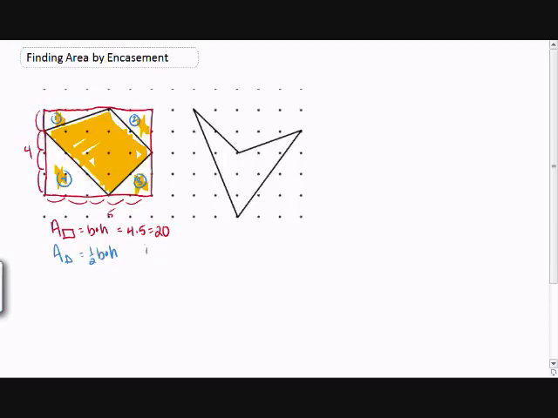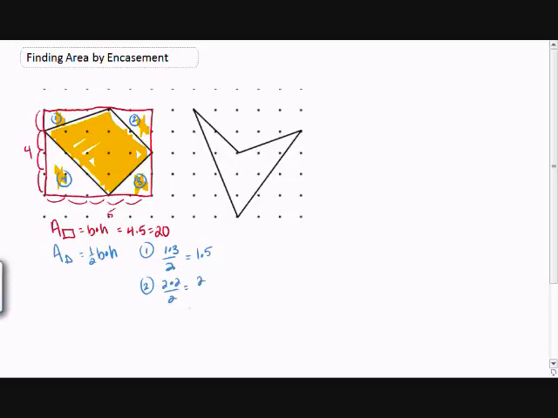So let's do triangle number 1. That's a 1 by 3, so that's going to be 1 times 3 divided by 2. Remember, dividing by 2 is the same as multiplying by 1/2, so you're going to get 1.5 there. The second triangle is a 2 by 2, so we're going to have 2 times 2 divided by 2, which is 2.